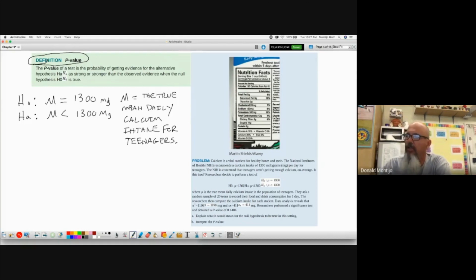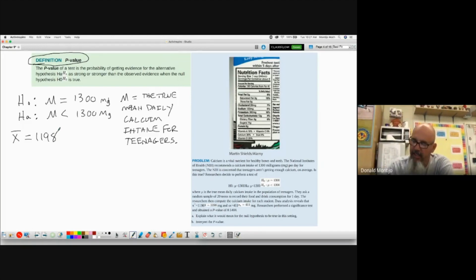day. The researchers then compute the calcium intake for each student. So they come up with statistics. Their statistic, x bar, is 1198. So on their SRS of 20 randomly selected teenagers, they had a mean intake of 1198. Well, it's clearly not a mean intake of 1,300, but is it rare?